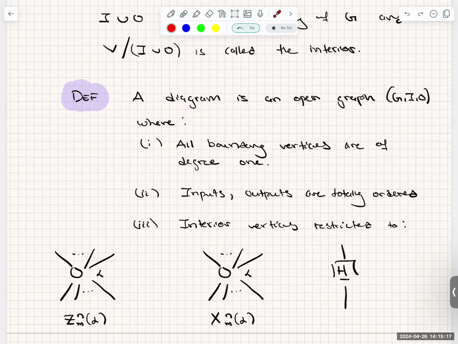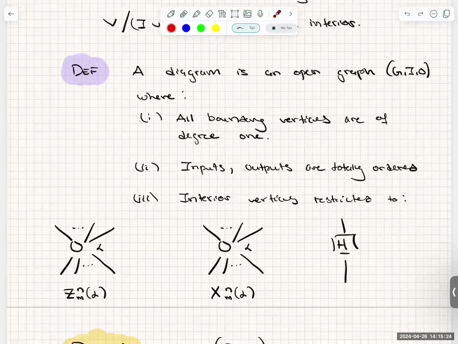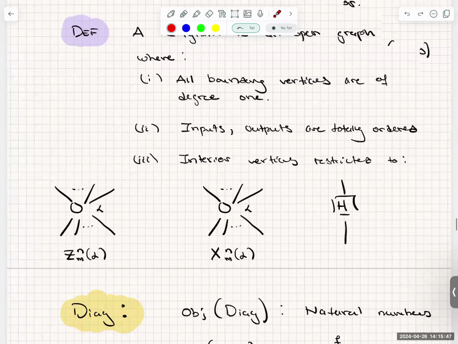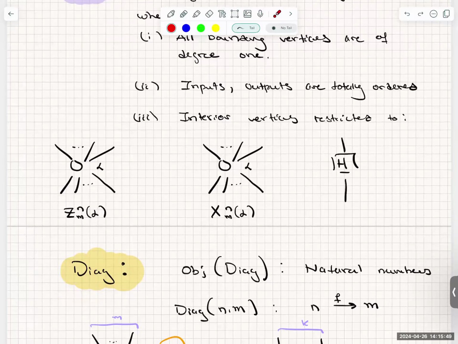That's basically just saying that you start with some states and you end with some effects or measurements. The inputs and outputs are totally ordered so that we can think of going from left to right, so that we can talk uniquely about the kth input for a particular box or vertex, as it were. The interior vertices are restricted to have a particular form.